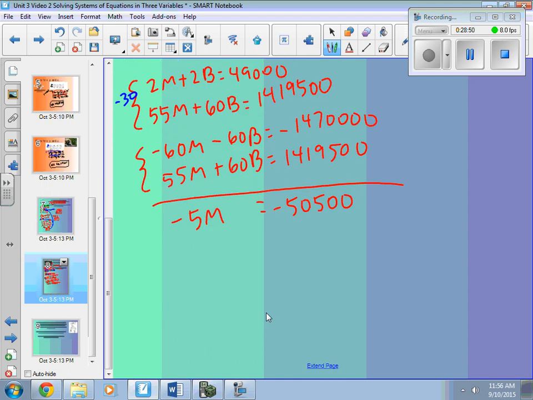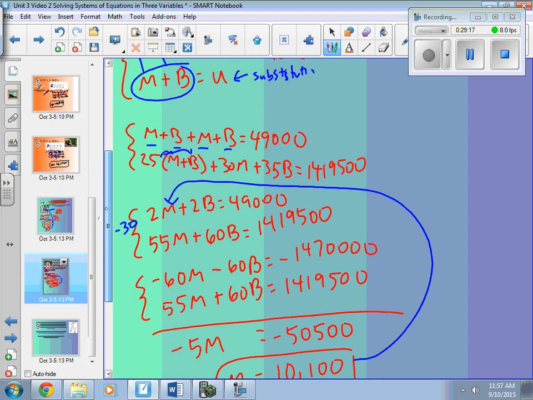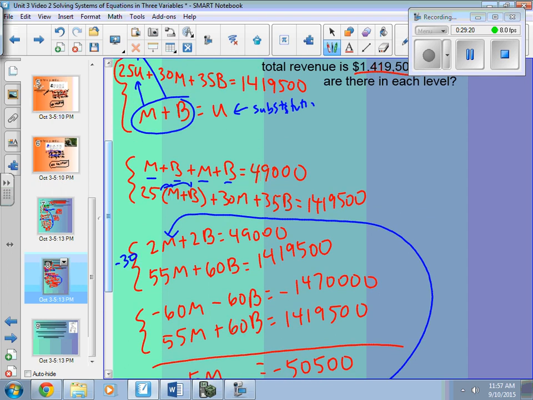And dividing by a negative 5 makes this positive, so we'd have, looks like 10,100 seats in the middle level. Now it's just a matter of going and plugging those back in. A good place to plug those back in would probably be like right here would be a good place to substitute it for m. And then once you find b, then you can substitute it back up into one of the original equations, probably this one being the easiest to find u.